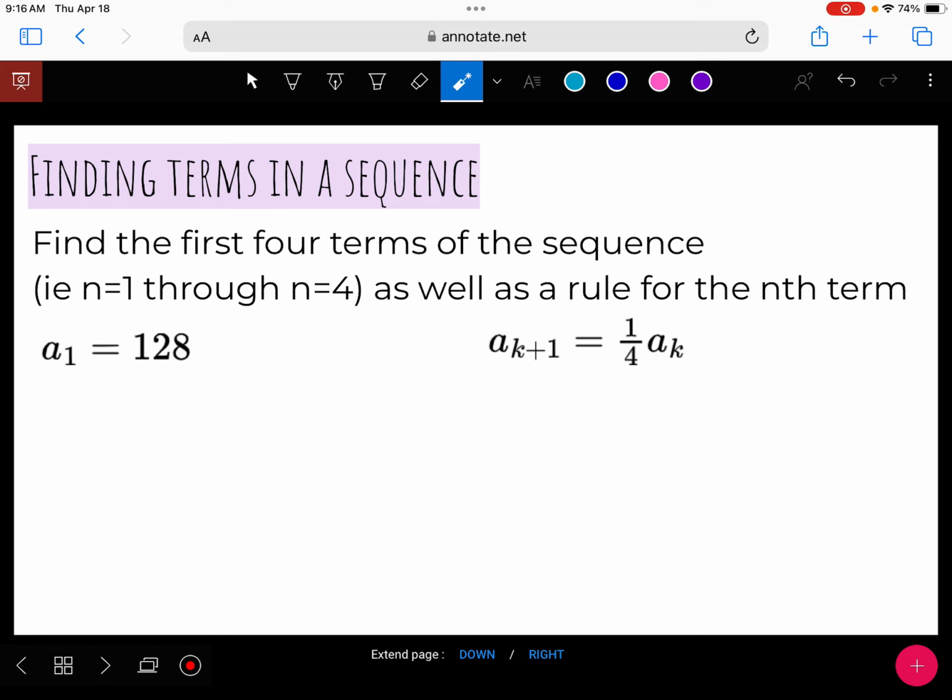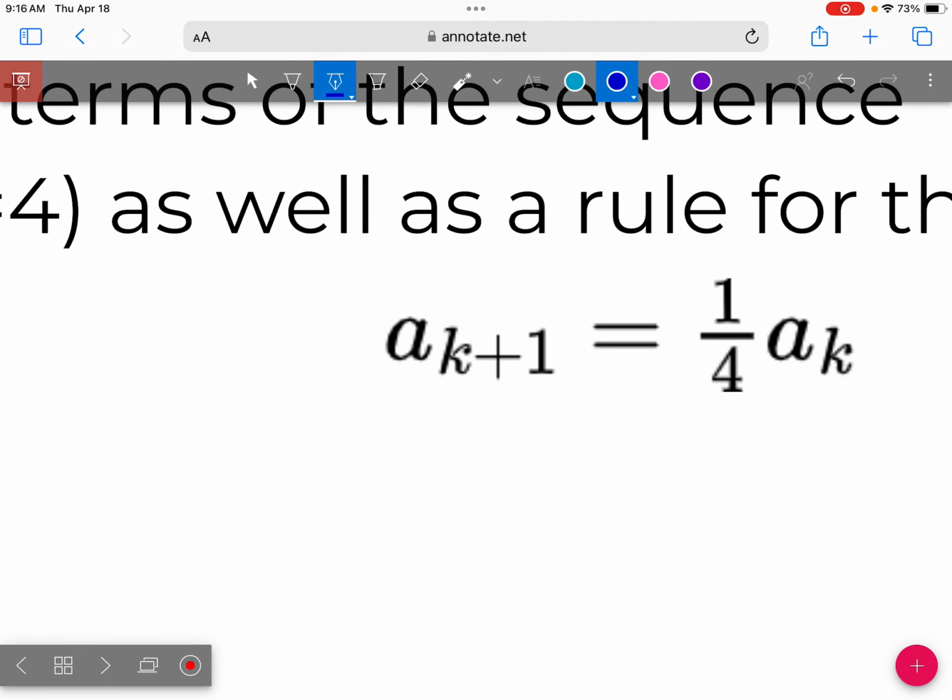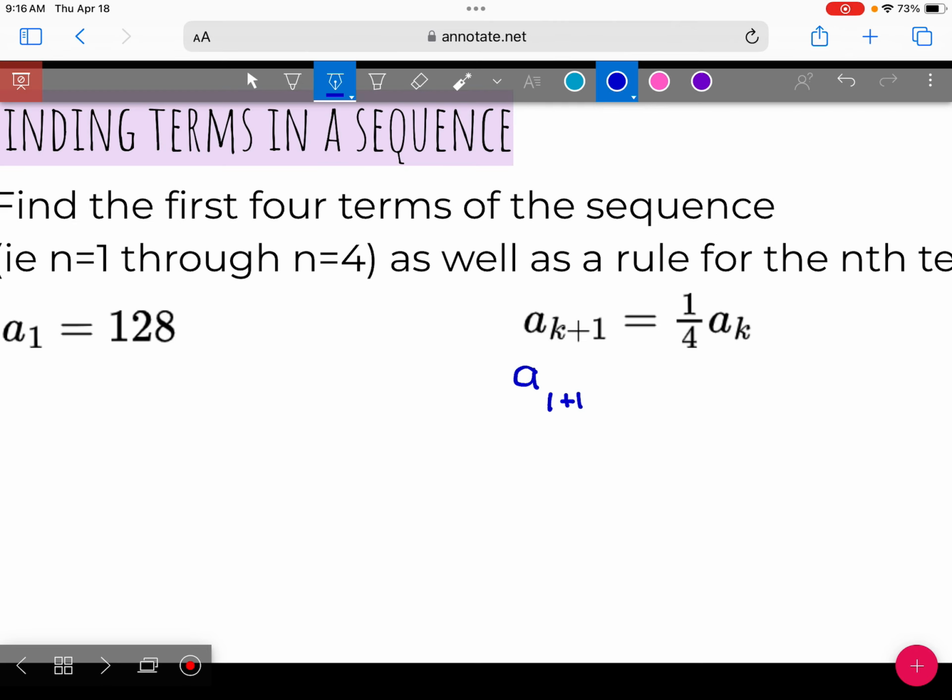So we have our a sub 1 is 128, and our rule for our recursive function is that to go up 1, to do k plus 1, we have 1/4 times our previous value. So to get a sub 1 plus 1, we always start with the term that we're given.